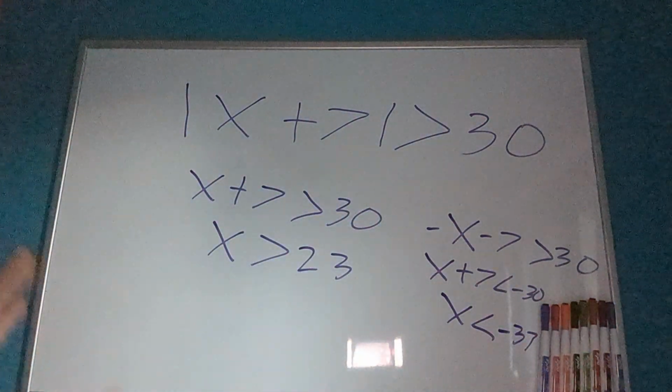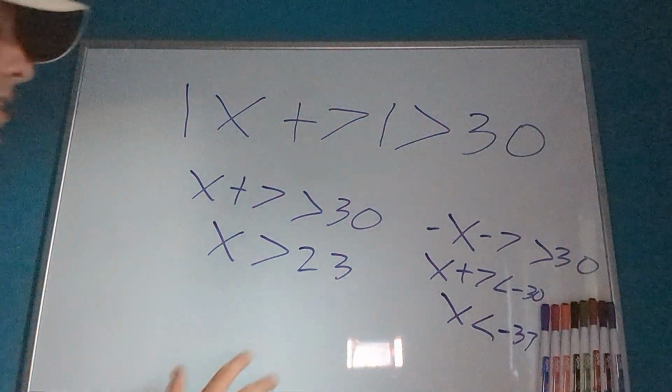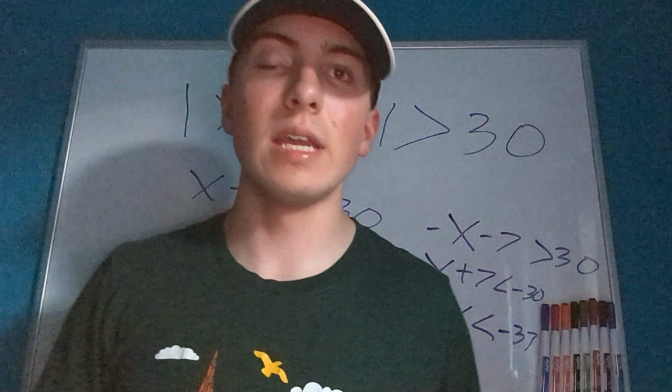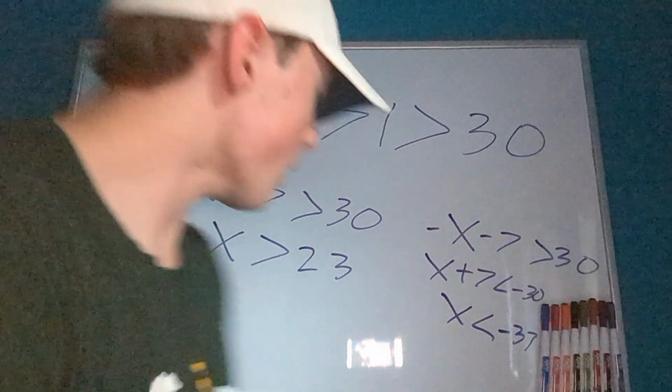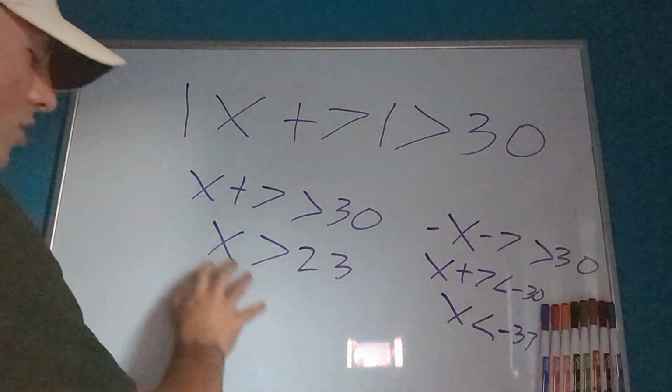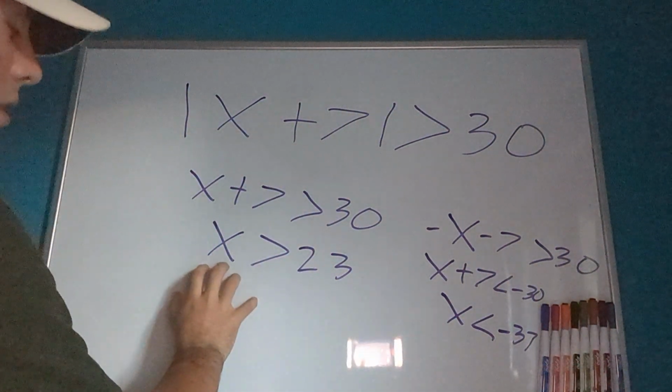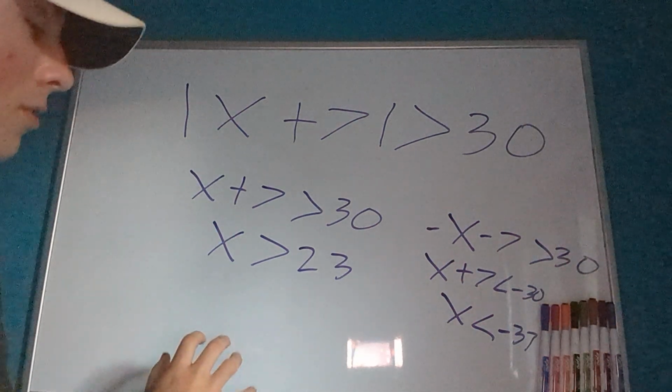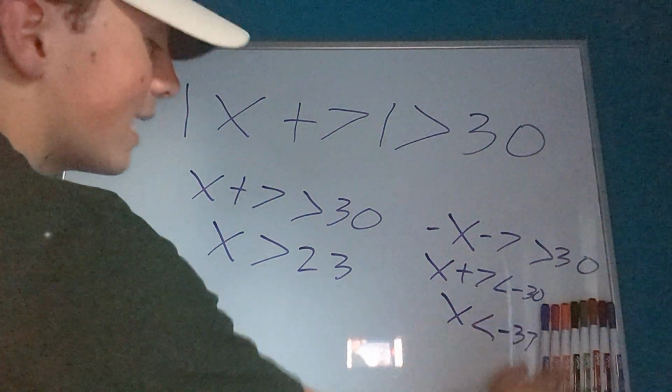So here we have our answer. Well, we're not quite done yet. We still need to put our answer into a different form, but the hard work is done. So now let's just think about it. x is greater than 23, so we need a number greater than 23, but we also need a number less than negative 37.